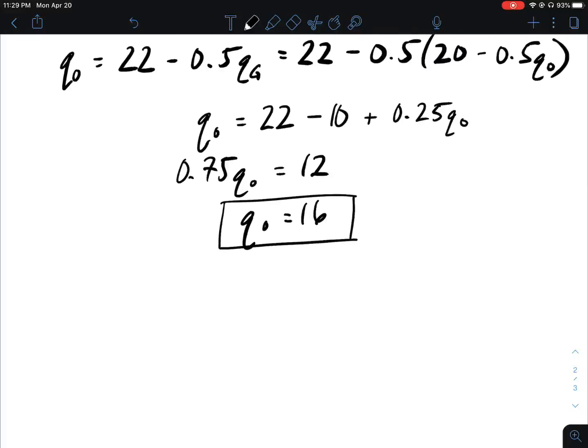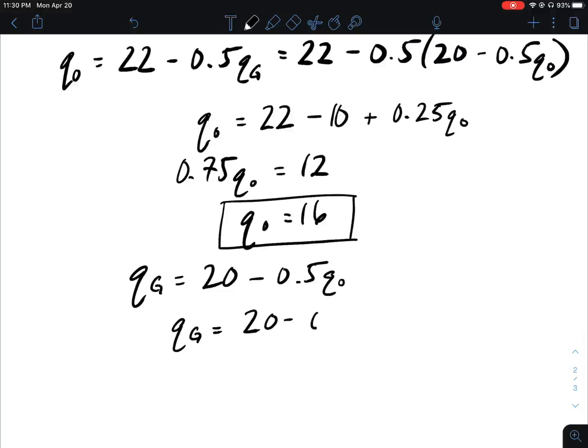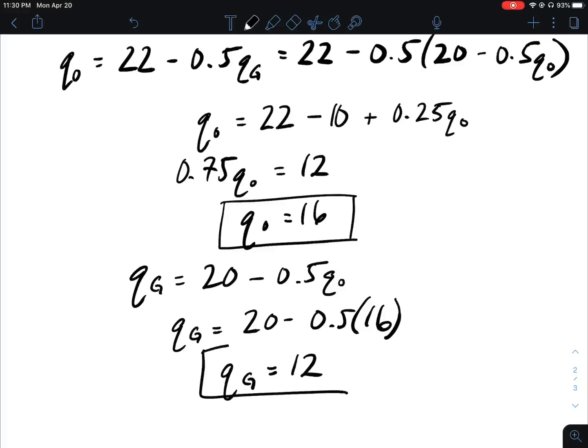Now we can just plug that value of 16 into firm G's reaction function. So we have QG equals 20 minus 0.5 times QO. And so we have QG equals 20 minus 0.5 times 16. And so QG is equal to 12.